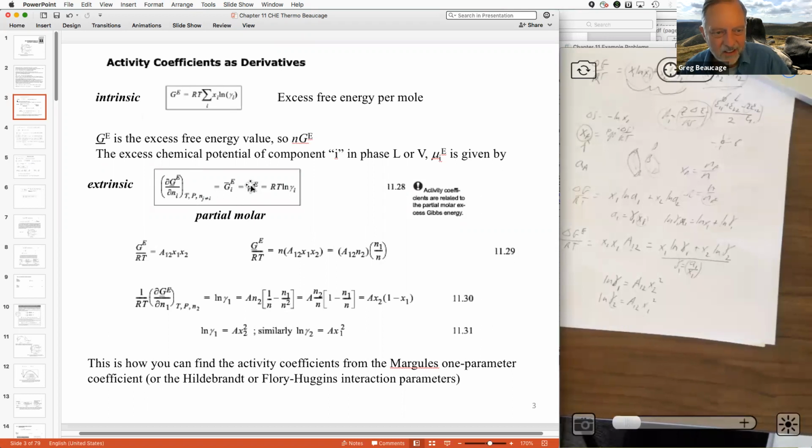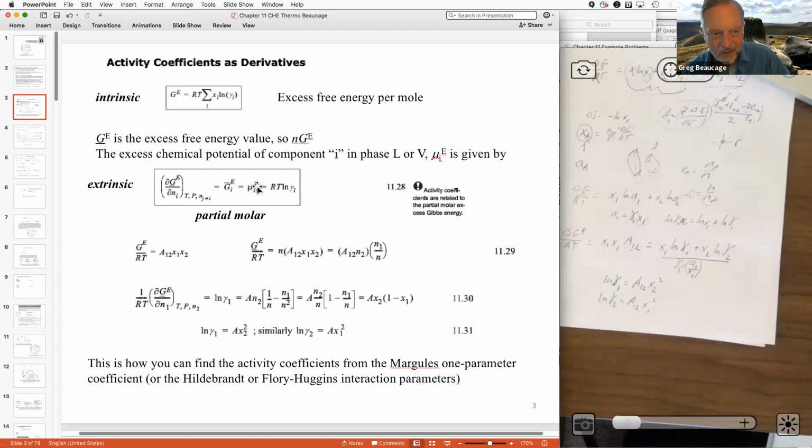And this is a derivative with respect to the number of moles of the component. This derivative isn't the same as this thing. This is per total number of moles. N is the total number of moles in the system of a mixture. And this is the derivative with respect to the specific number of moles of one component. So it has an i attached to it, naming the component.